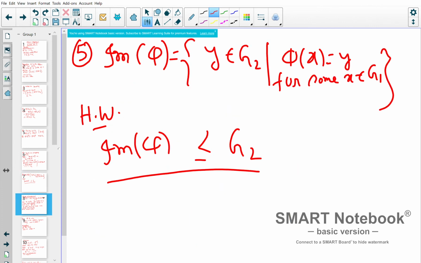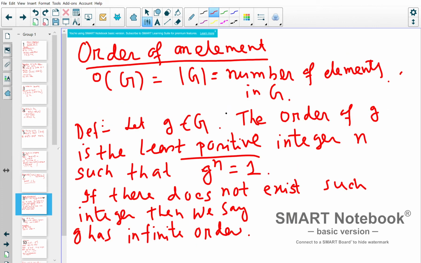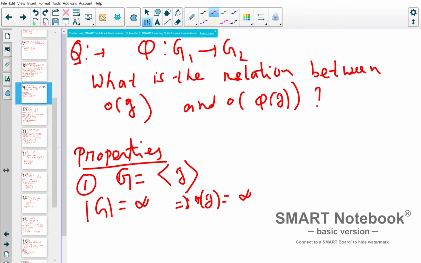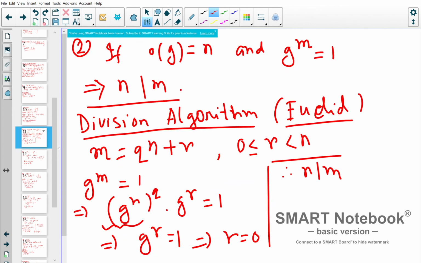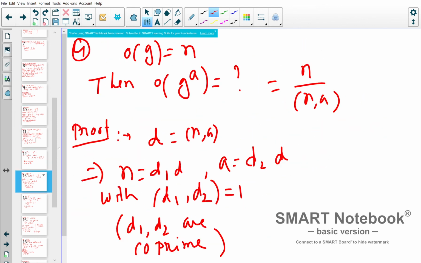Then we defined the order of an element, and then we defined the properties of the order of elements using division algorithms.